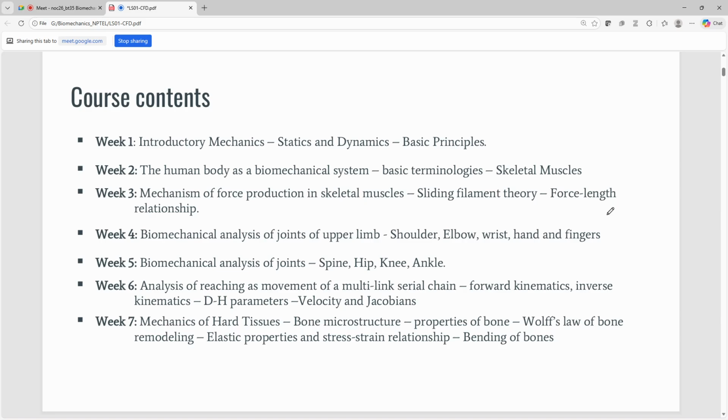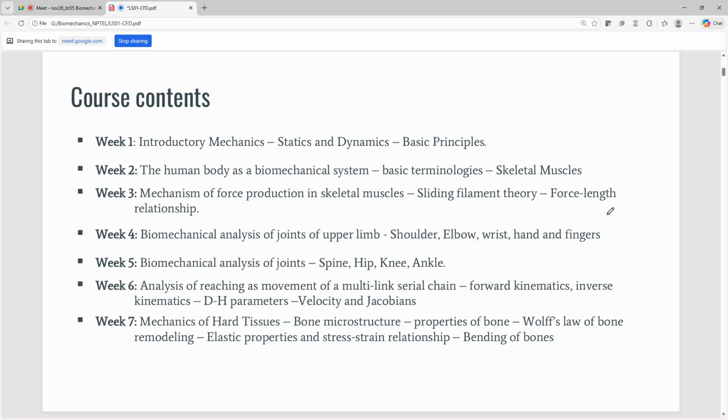Okay, so this is a basic introductory course to biomechanics, and in this course we are not going into much deeper contents, but covering basics plus intermediary levels only. So we will start from the basics of mechanics, mostly the forces acting on the human body, and how the human body can support itself.